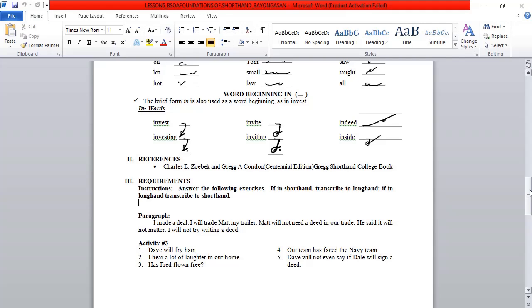Ayan, para matutunan ninyo ng maigi, ng mabuti, and makapag-stroke kayo ng mas maganda. Okay? So, all you need to do is to practice. It takes time and effort to learn some things, and steno is one of those things that needs more effort and more time in learning.